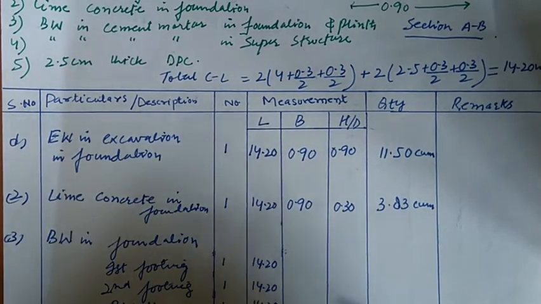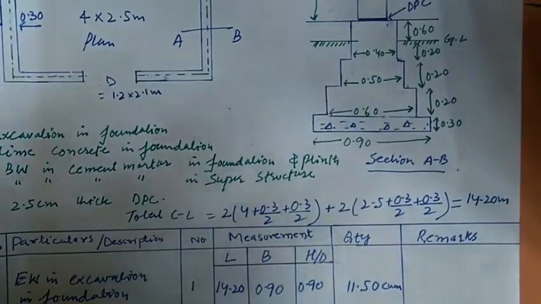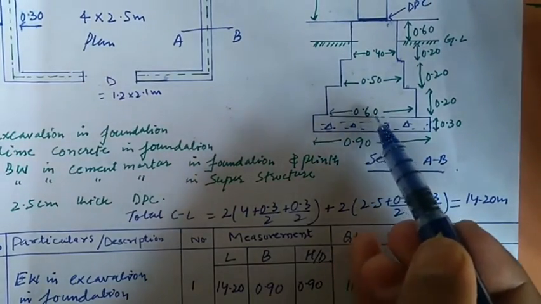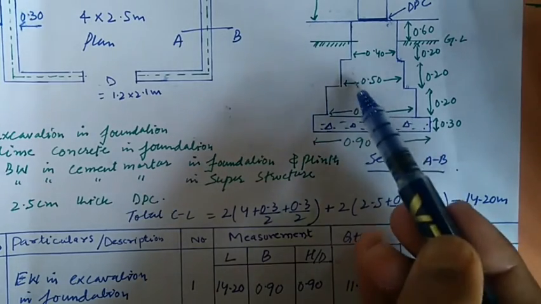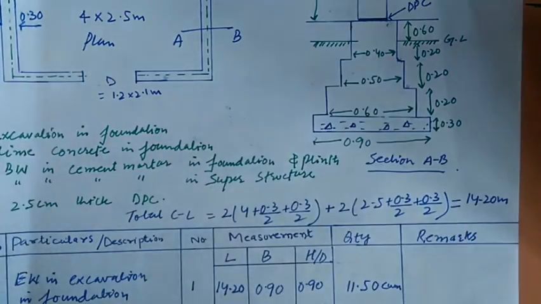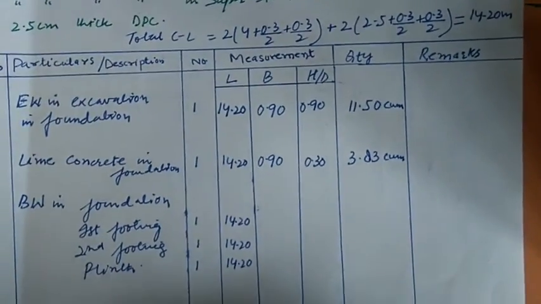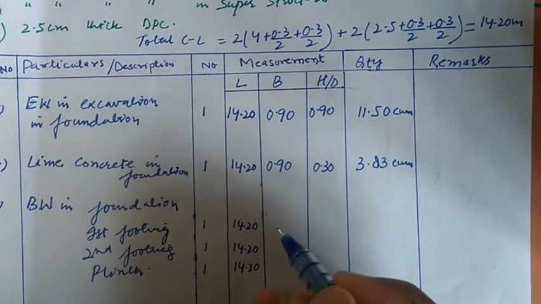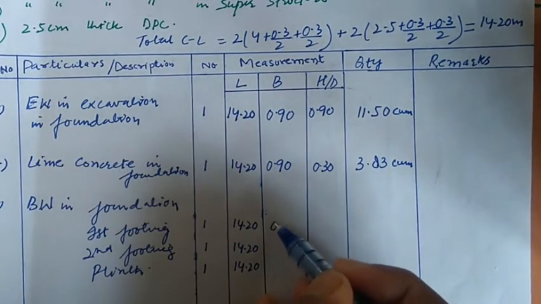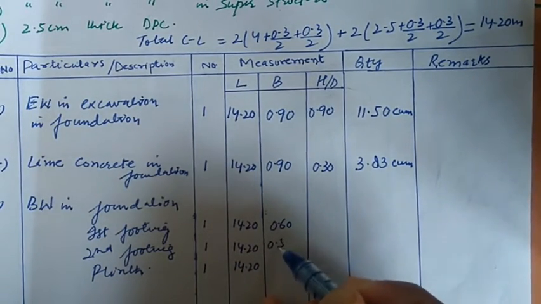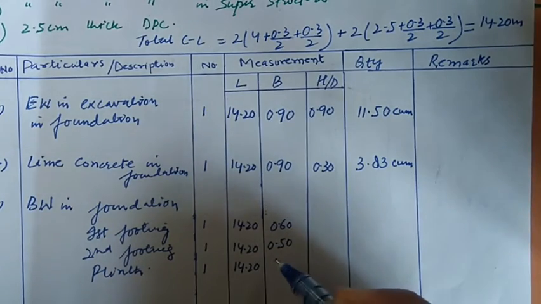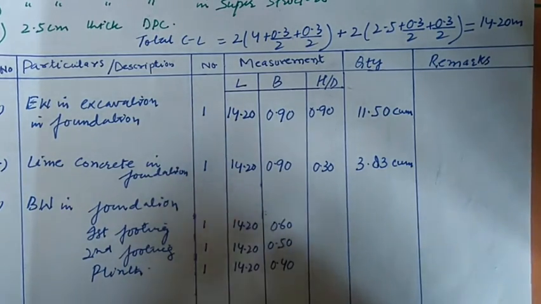Now talking about the breadth, we can see it from here, the section. First footing is 0.60, then we have 0.50, and then we have 0.40. So we can write it here. This one is 0.60, this one is 0.50, and this one is 0.40.